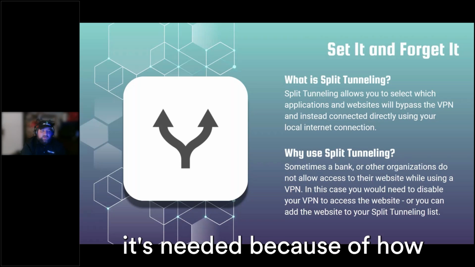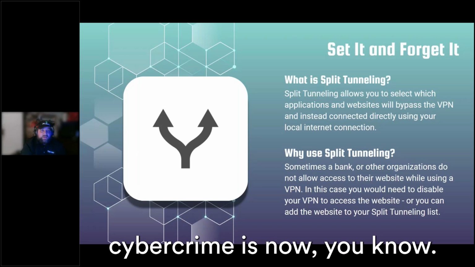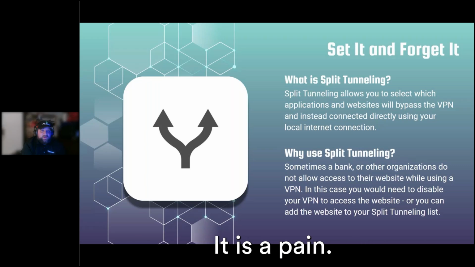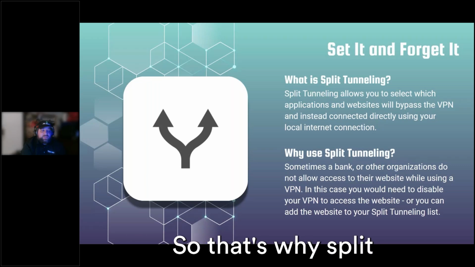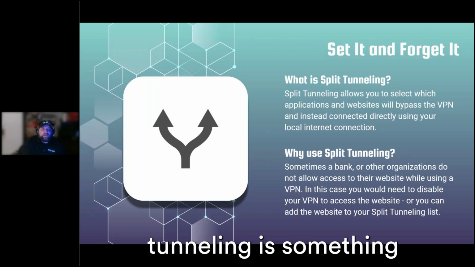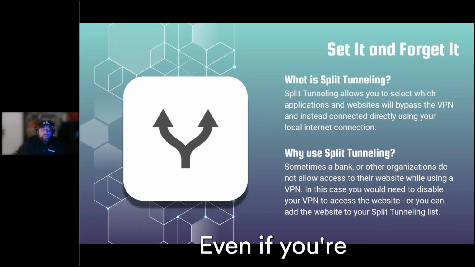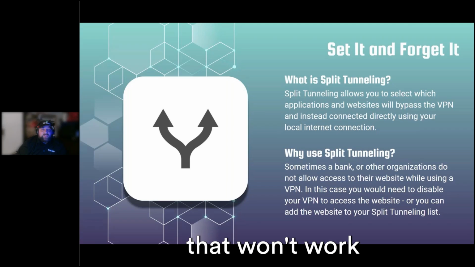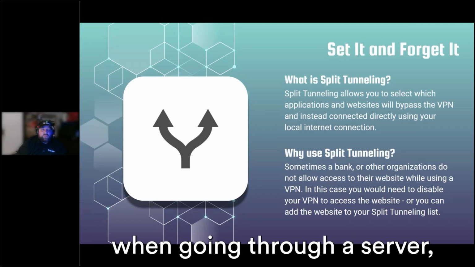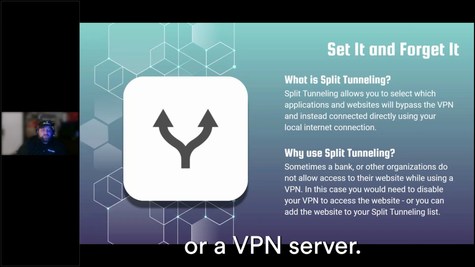It's needed because of how cybercrime is now. But it is annoying. It is a pain. So that's why split tunneling is something useful. That means you could still set it and forget it, even if you're going to websites or using applications that won't work when going through a VPN server.